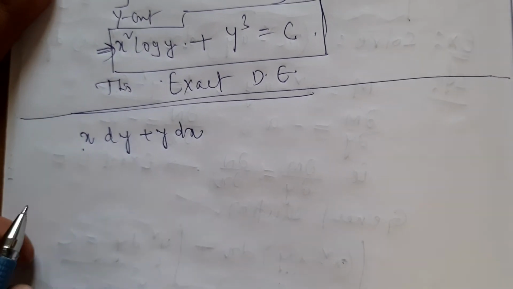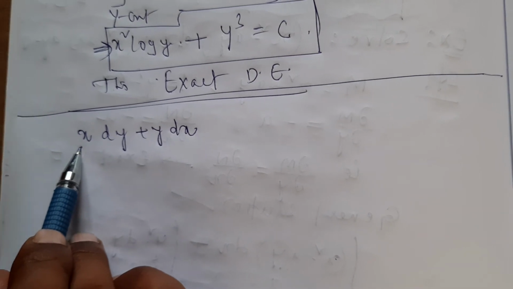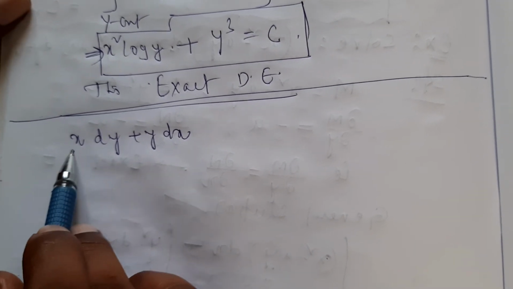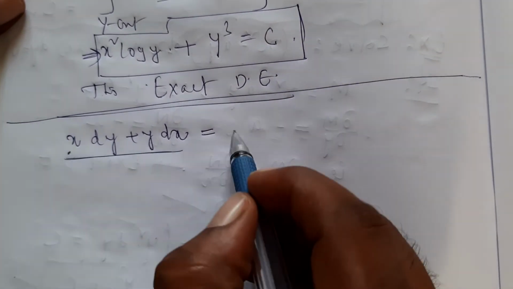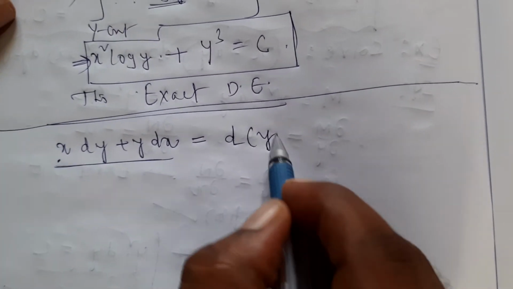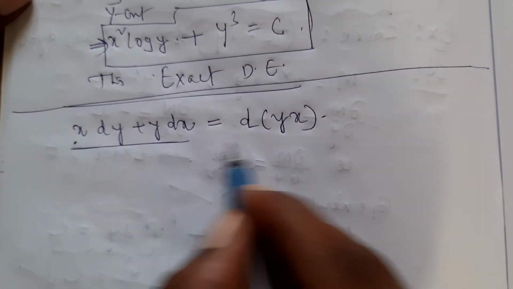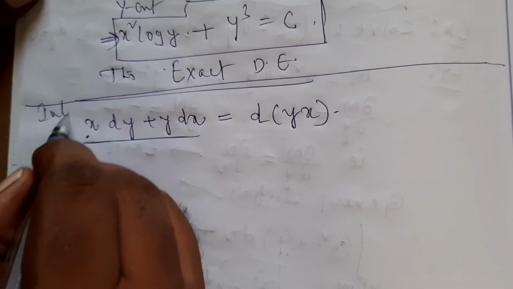Sometimes you will get x dy plus y dx. Instead of this total value, what can I write? The derivative of yx. Remember this value. These are nothing but integrating factors.